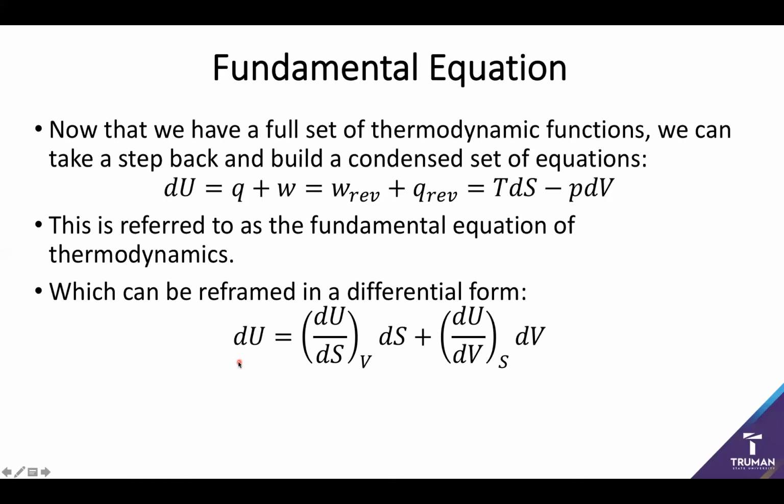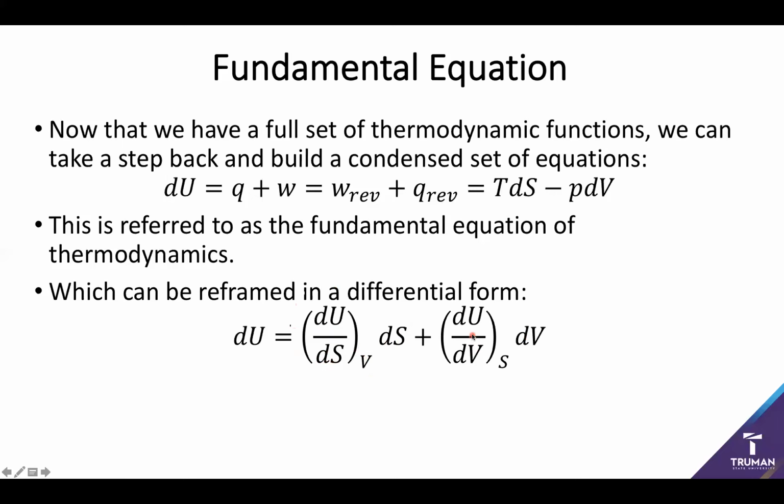Because from our classic multivariable calculus, we can treat the internal energy as a function of entropy and volume. This means that the prefactor for the entropy term is literally the change in internal energy with entropy under isochoric conditions.